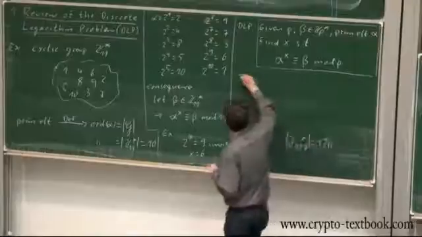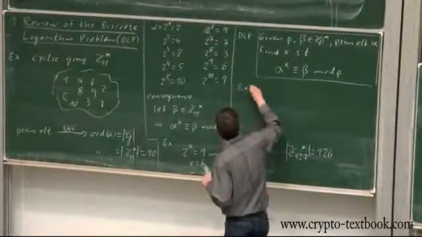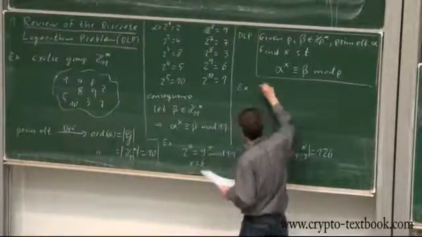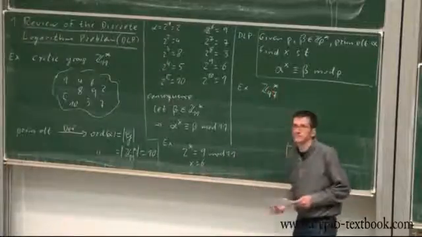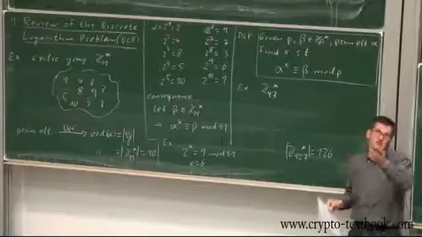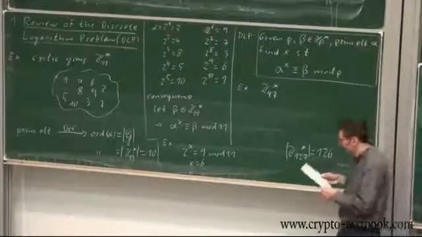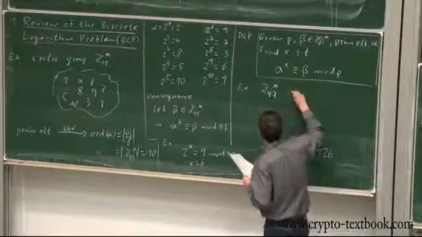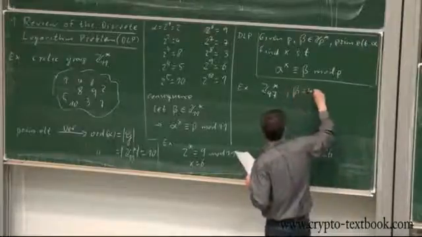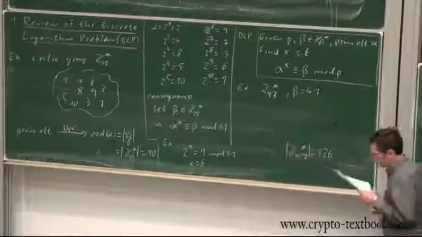Let's do another example, which is maybe not quite as trivial. That's still pretty easy. Move from 11 to 47. 47 is a prime, so we can use that. Beta is 41.